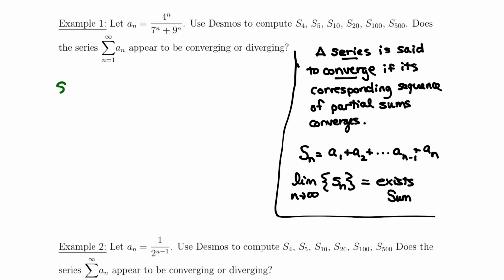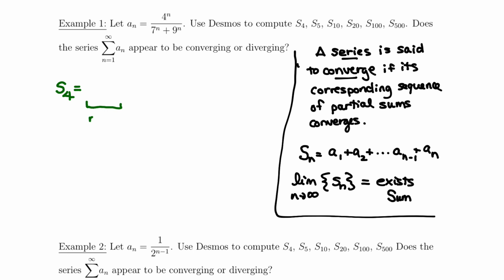Suppose I asked you to write out S sub 4 if we're given that a sub n equals 4 to the n over 7 to the n plus 9 to the n. What would S sub 4 look like if I was writing it out?